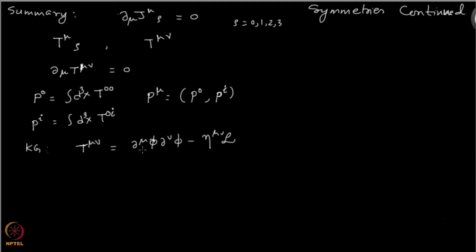But they turned out to be symmetric. The object T mu nu turned out to be symmetric under their interchange, which is a bit surprising at this stage, and we are going to see later why that happened.